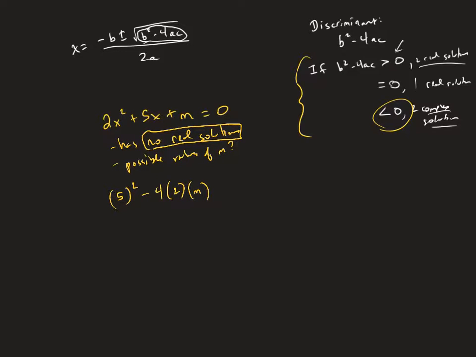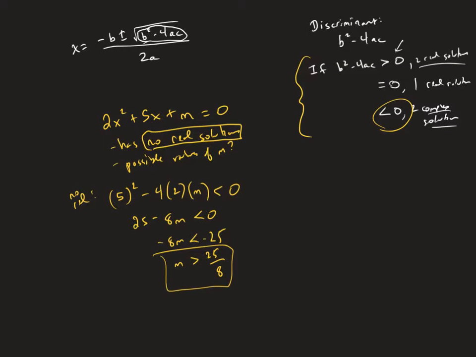And in order for there to be no reals, then this is going to have to be less than 0. So then I'm going to simplify my stuff here and then solve the inequality. Dividing both sides by -8, which of course flips the direction of the inequality. And so this is a description of all the values of m where we would have no real solution here.